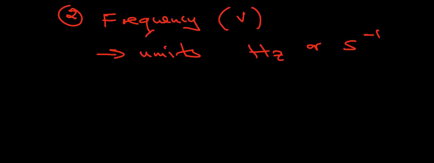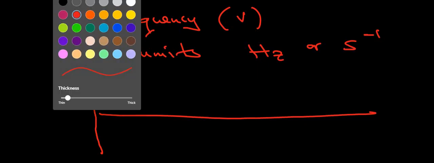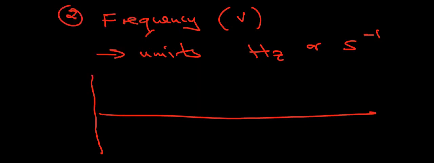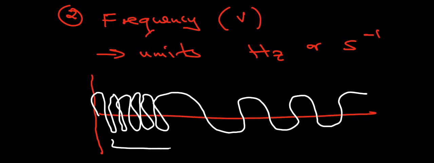This just means how fast the wave is moving, like how frequent it is. So if I illustrate this, if I show you something like this, it simply means this wave is very frequent as compared to when it's like this. You notice here it was very frequent, right? And here it was not. So this is what frequency simply means. And these are the units that we're going to use to measure it.